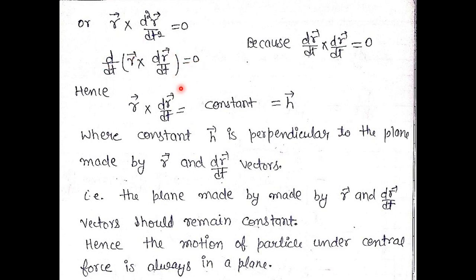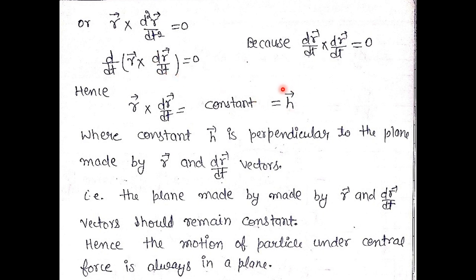So from this equation we can say that r cross dr upon dt equals a constant. This means that if d upon dt of some vector or quantity is 0, then that quantity is constant, because the differentiation of any constant term is 0.